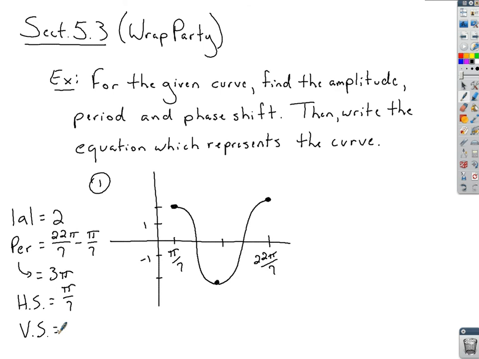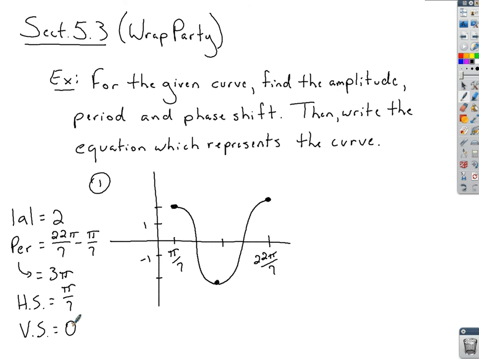It's pretty much cemented around the x-axis, so our vertical shift is just going to be 0. In fact, in all the problems in your packet for your assignment, you should notice that none of these graphs are really moving up or down. The vertical shift should all be 0.